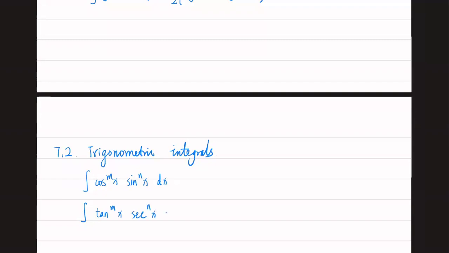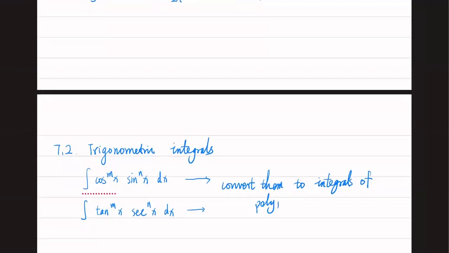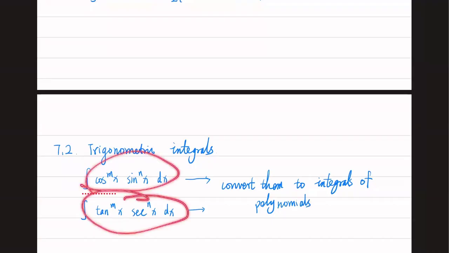The idea behind this is we want to convert them to polynomials. If we succeed in that, if we can convert this to polynomials, then we know how to integrate the polynomial. That's very easy. So we find the proper substitution.